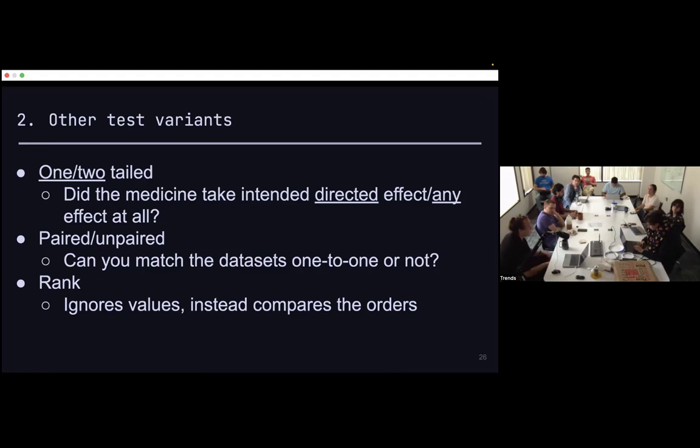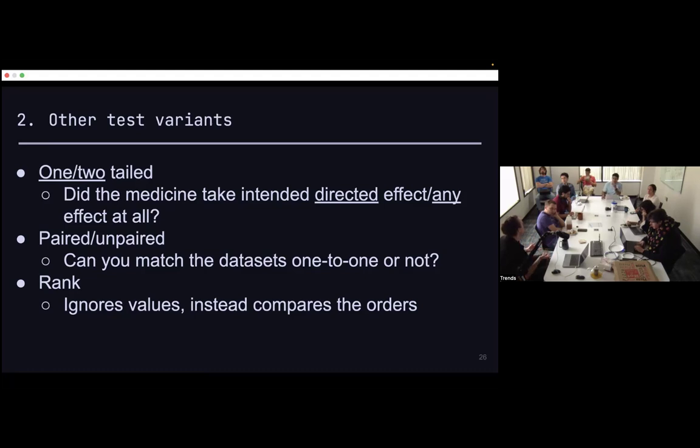Another thing is paired and unpaired tests. That's basically about whether you can somehow match the samples from one data set to another, in which case you use a paired test. If you cannot, if you have just bags of data and you want to compare them, then you need to use an unpaired test. An example is a study where you measure patients' blood pressure before they take a medicine and after.